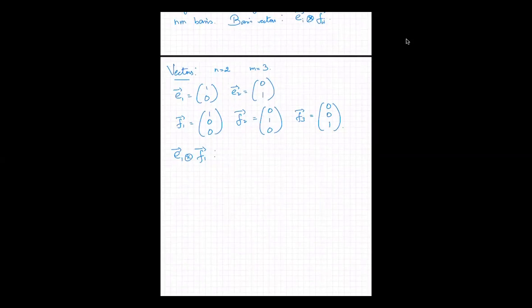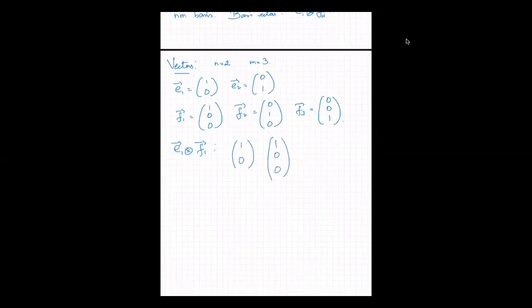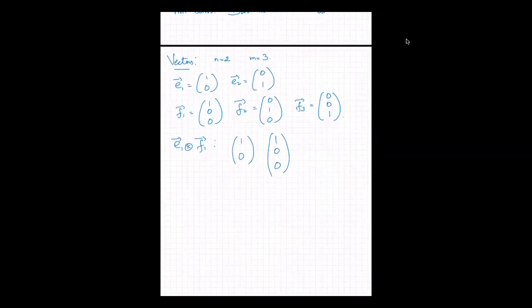Here I have two vectors, 1, 0 and 1, 0, 0, right? The way I construct the basis vector in this direct product space is first I take the first element of this guy, and then I multiply every element of the second vector with the first element of this guy.